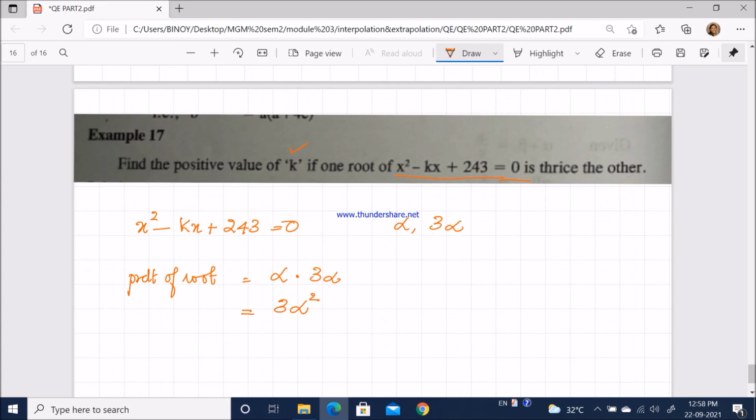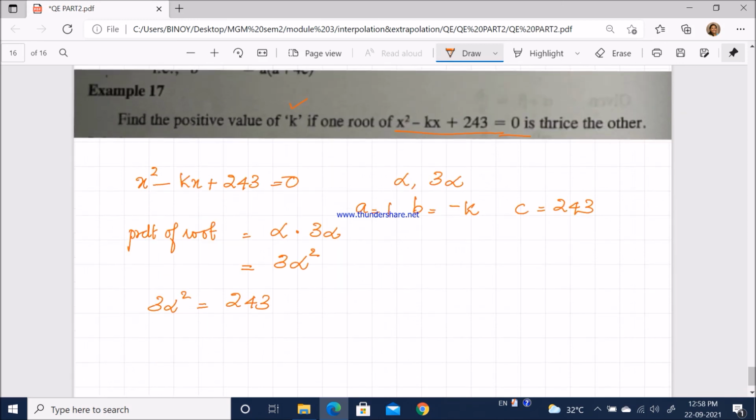According to the equation, we are given a is equal to 1, b is equal to minus k, and c is equal to 243. So the product of roots, 3 alpha², is equal to 243. So alpha² is equal to 81.